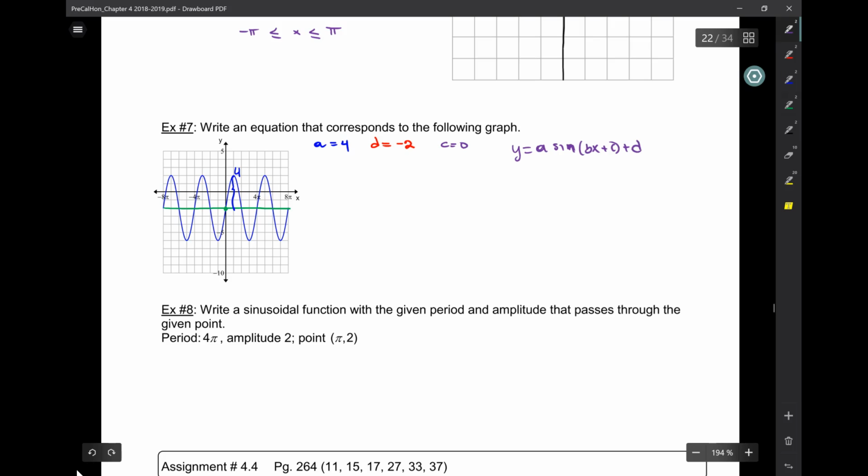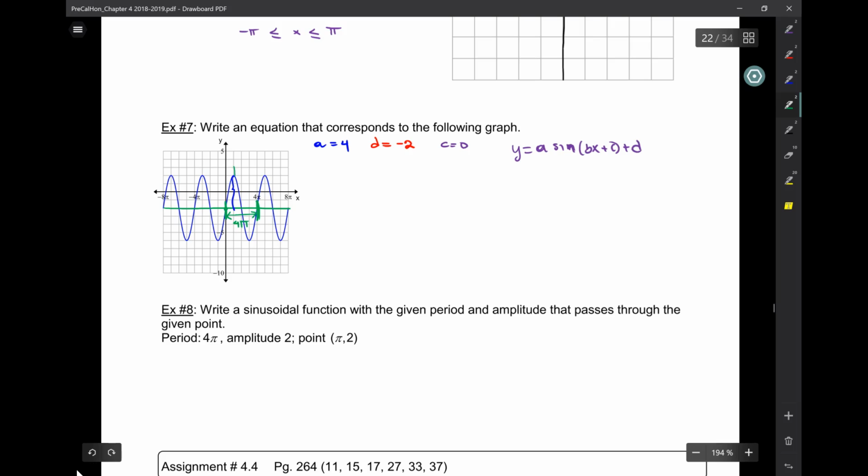Okay. For B, I need to figure out what the period is. To figure out the length of the period, you just have to pick two identical points and figure out the distance between them. So I could pick the point here and here, and that tells me that it's a distance of how much? 4 pi.